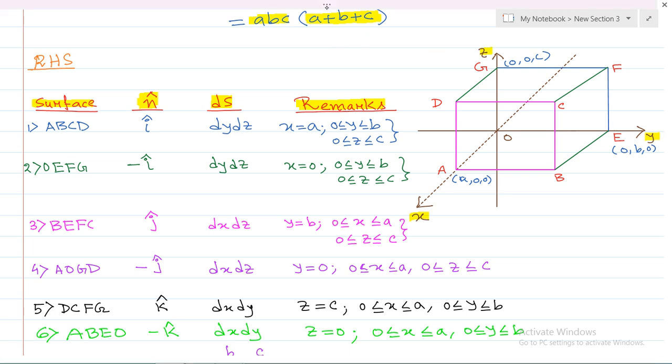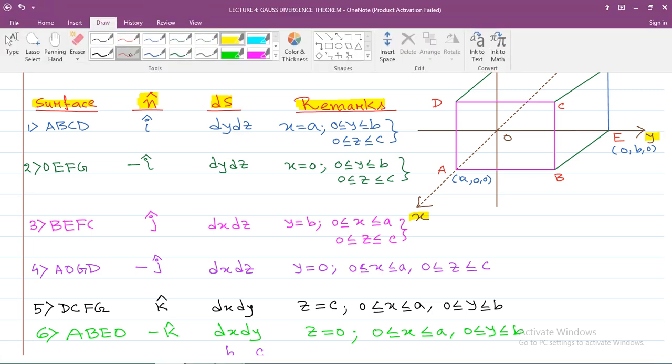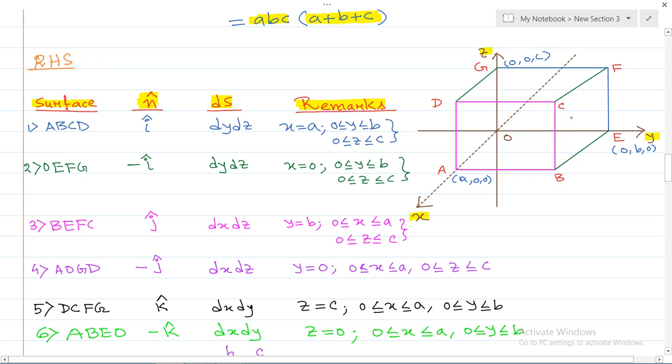So the first surface that we can see in front of us is the surface ABCD. Okay, so this is the surface ABCD. If we shade this surface by these lines, then you will be able to see it more clearly. So this is the front surface. You can see that this surface ABCD is parallel to the YZ plane, because this surface has been shifted from the origin to a distance x equals a, and thereafter it is fixed.